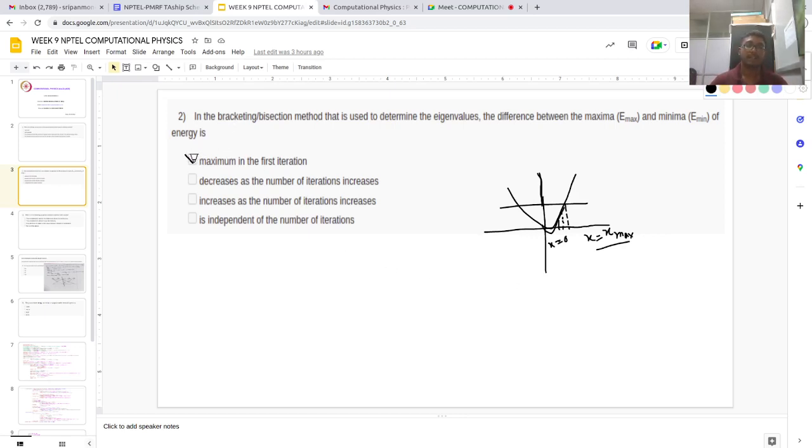Initially this will be the maximum in the first iteration, which will be our initial guess, and then it will decrease and move toward zero. The difference between maxima and minima will essentially be zero when we reach the answer for our suspected energy eigenvalue. So these two things will be correct for this question.